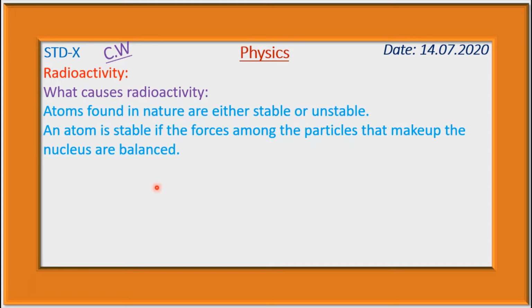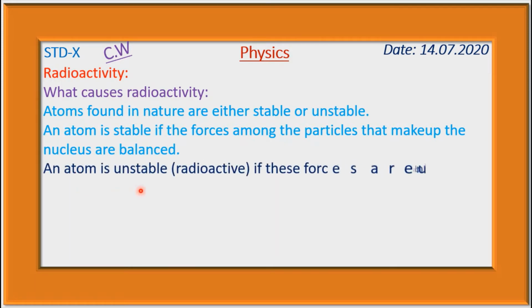Proton is positively charged and neutron is a chargeless particle. If the forces among these protons and neutrons are balanced, then this atom is a stable atom.